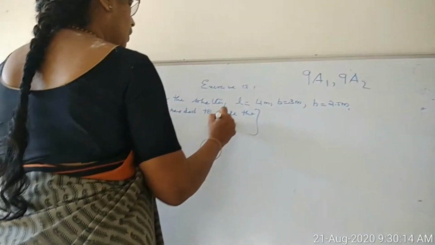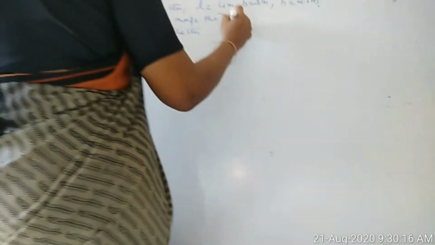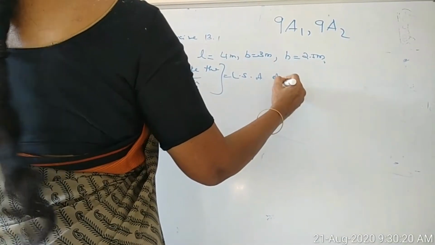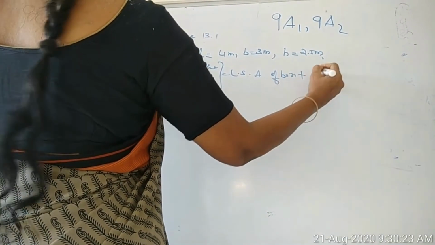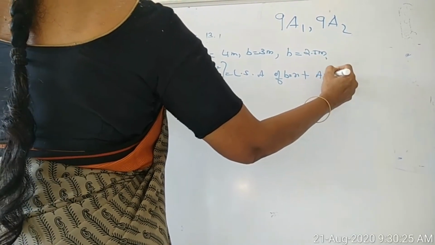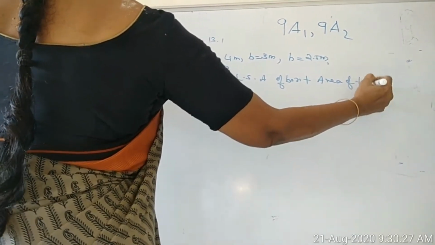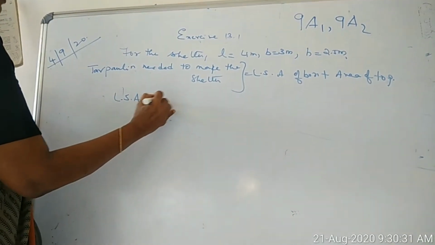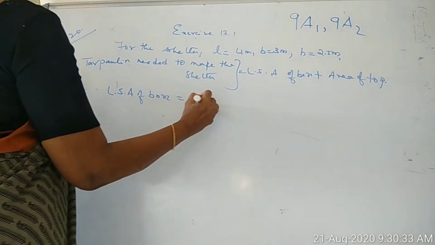Tarpaulin needed to make the shelter is equal to LSA of the box plus area of the top. LSA of the box. Box LSA means 4 sides, children.